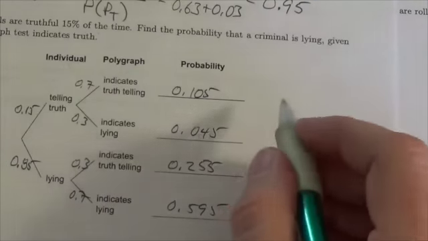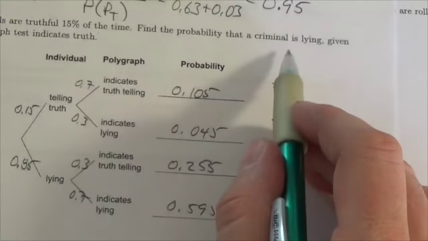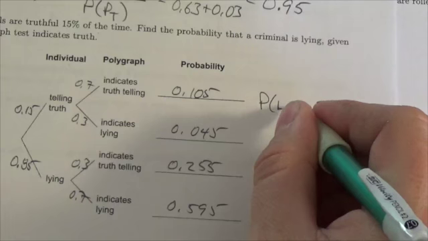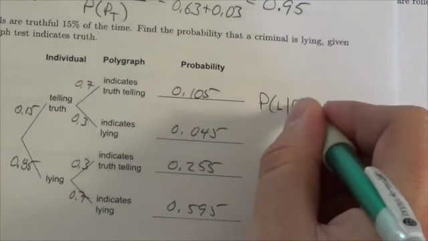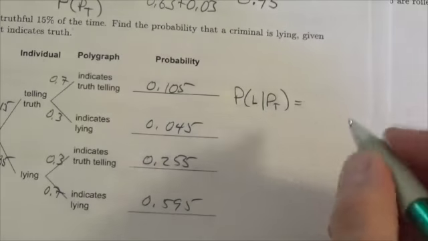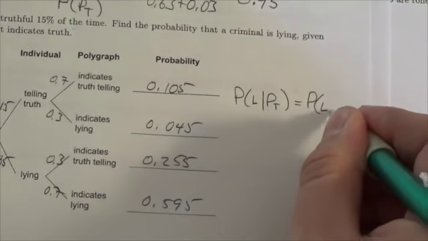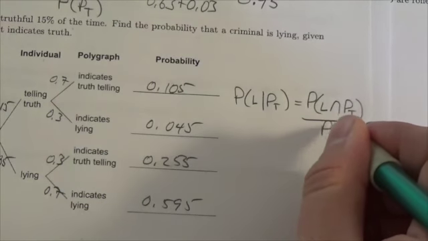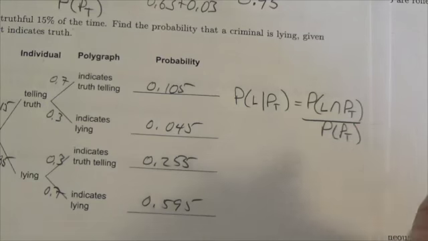So now what we want to do is figure out the probability that a criminal is lying, given that the polygraph test indicated that they were telling the truth. So this is going to be the probability of lying and the polygraph test saying that you're telling the truth, over the probability of the polygraph test saying that you're telling the truth.